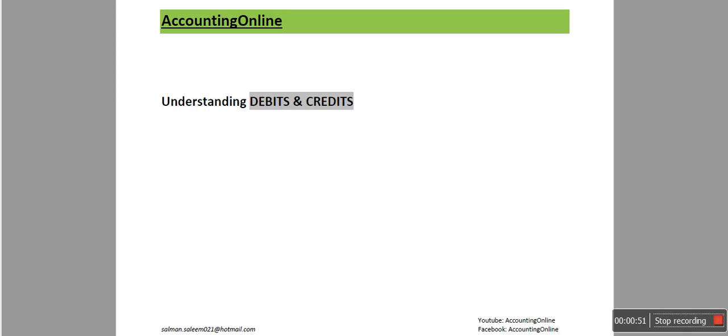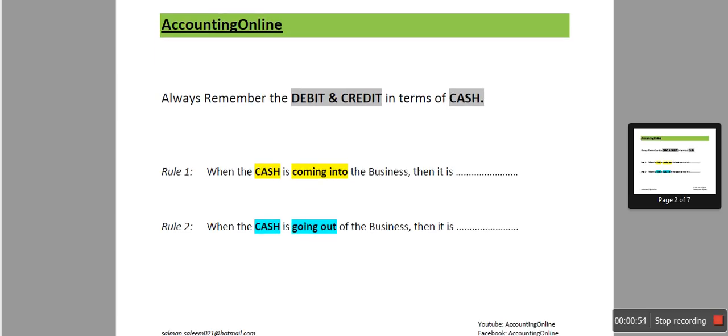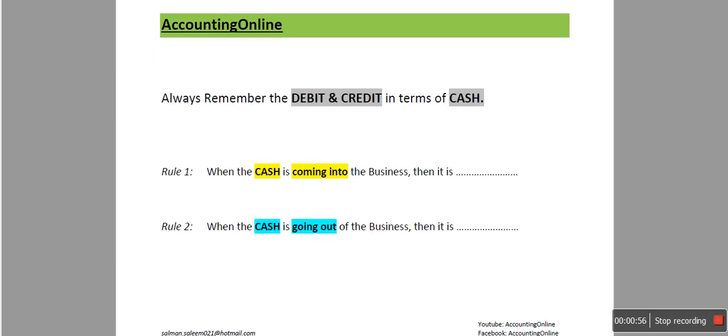To understand what is debit and credit, try to remember debit and credit in terms of cash. There are two rules to learn.